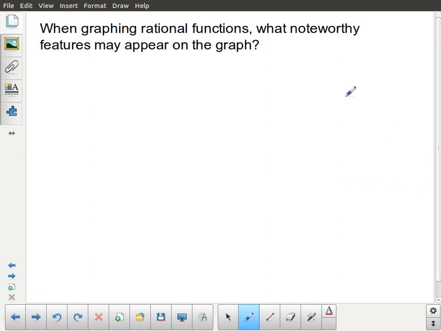Okay, what kind of features are going to appear on the graph? The big ones are going to be holes, of course. I would say that has been the primary focus of this lesson, is to identify these holes and see how you're supposed to graph them. And then vertical asymptotes, and sometimes with a lot of these graphs, by their very nature, you will also get a pairing of the horizontal asymptote.